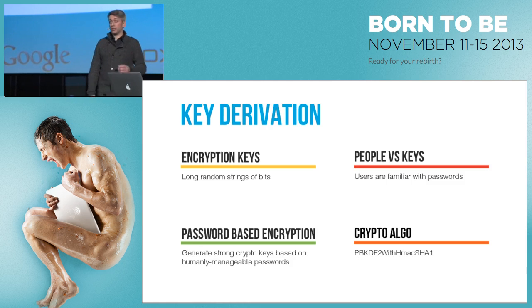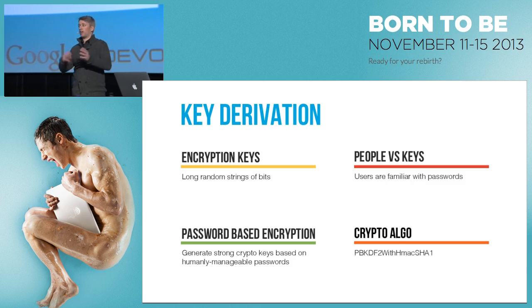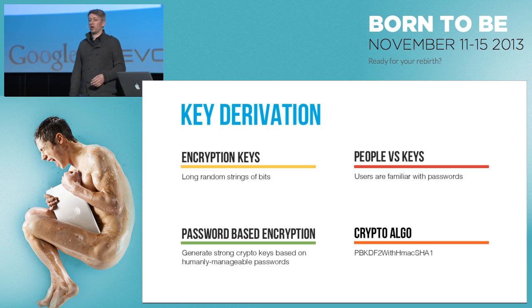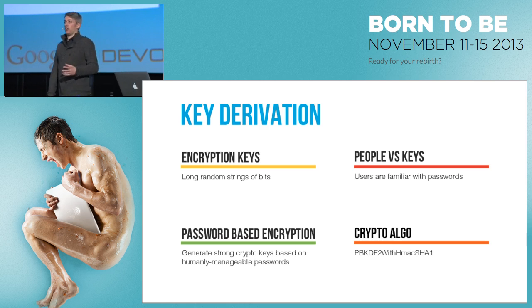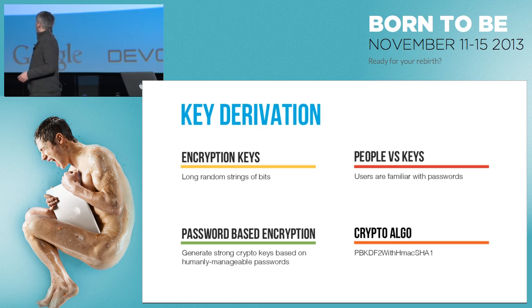So how do you do it then? Because if you take a look at encryption keys, most of you know that most of the time that's a very long binary string. You cannot expect users to remember a strong, good encryption key. But what are users very much familiar with?